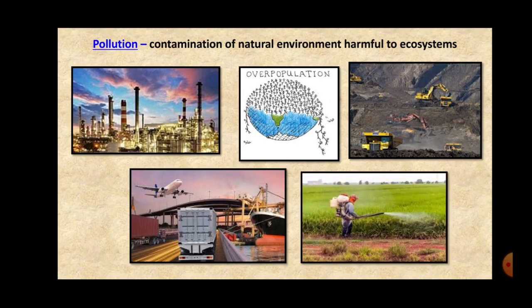And then we spray the pesticides, insecticides, weedicides on the crops. We add chemical fertilizers to the soil to increase the fertility and to increase the yield. So all this leads to the pollution. These are the different causes of how pollution is taking place on the earth.